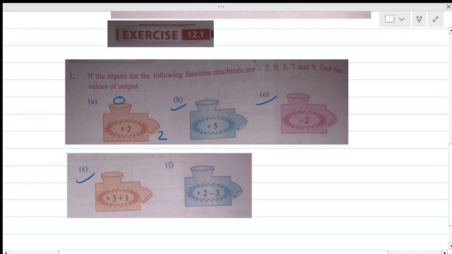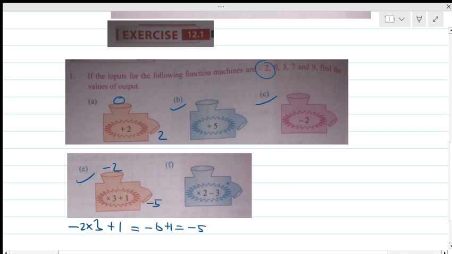Suppose you keep -2. So -2 will get multiplied with 3, and then 1 will get added. So -2 into 3 is -6, and +1 gives -5. So here the output will be -5.